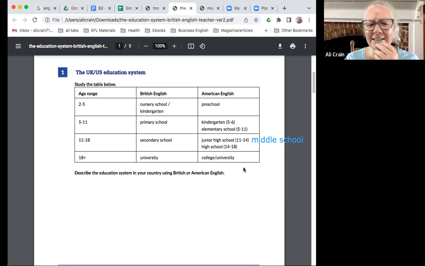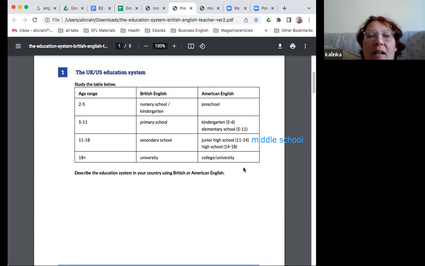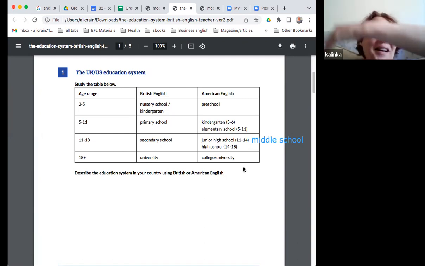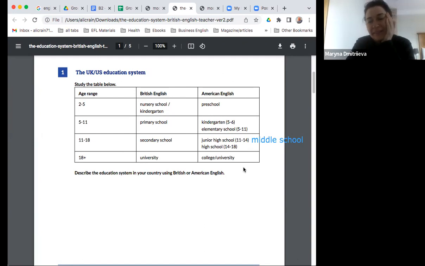I'm sorry, can you ask that again? In this table, there is the age of people who can go to the university, 18 plus. But what's the other border? Is there a maximum age?